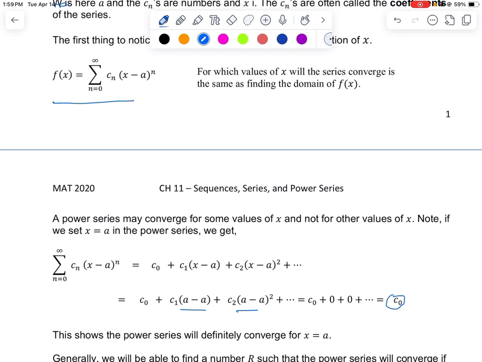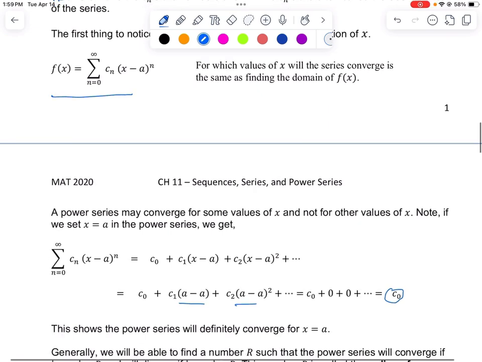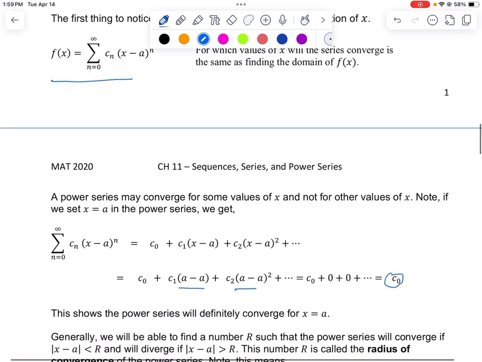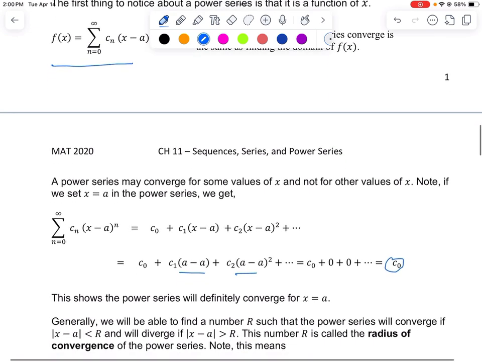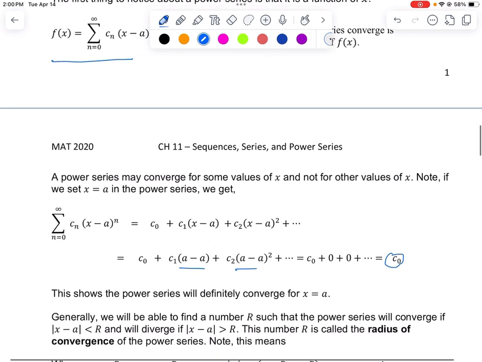That is the constant term in (x minus a) in the series. In general, we will be able to find a number, which we call big R, such that the power series will converge when the absolute value of x minus a is less than R, and diverge if the absolute value of x minus a is greater than R.